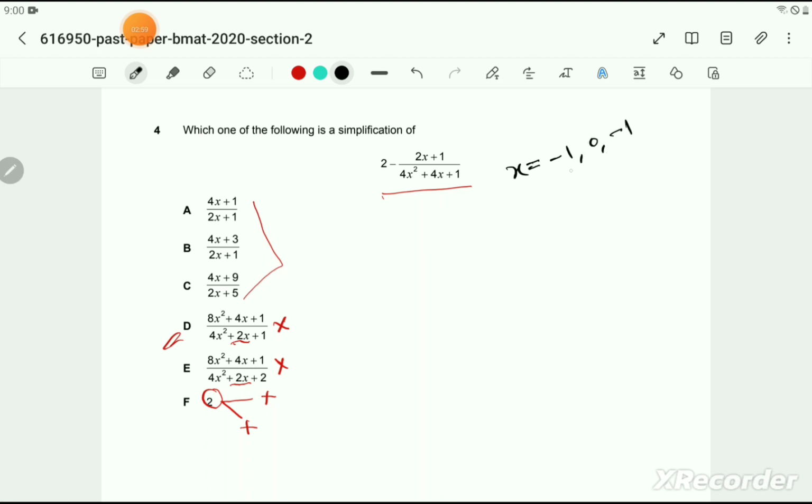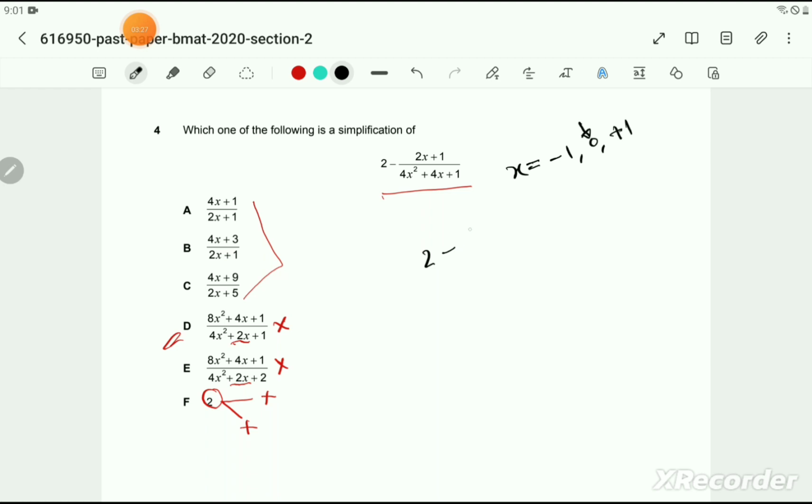I would suggest at least 3, or in some cases 2. So these 3 values we can put in the question and also in the answers, and we select the answer which gives the same result as the question. I hope you understand. For example, if we put 0 in the question, what can we get?